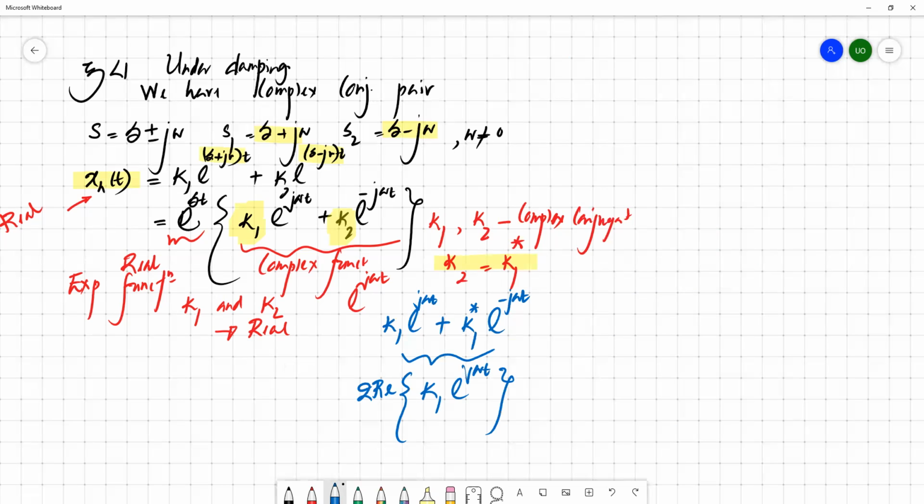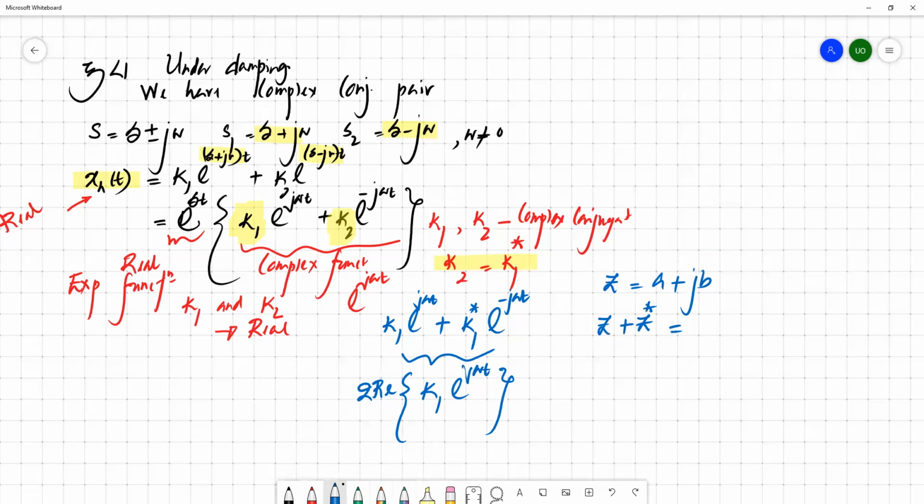Let's assume we have a complex number in the form of a plus jb. What about z plus z conjugate?